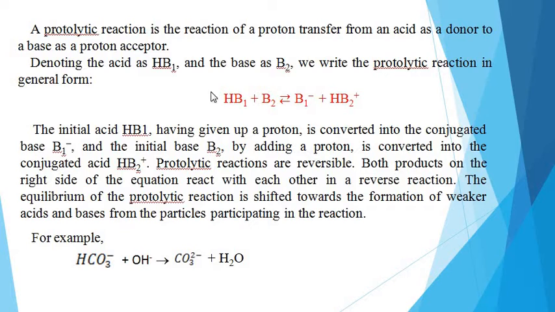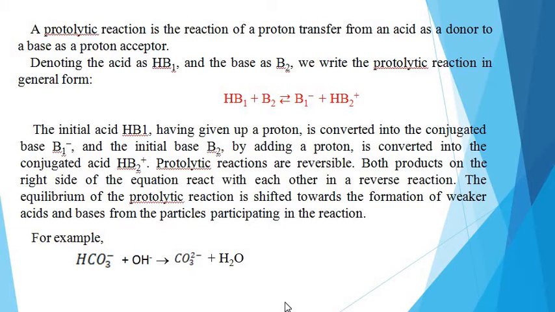The initial acid HB1, having given up a proton, is converted into the conjugated base B1 negative, and the initial base B2 by adding a proton is converted into the conjugated acid HB2 positive.